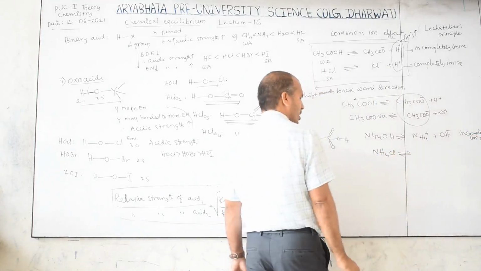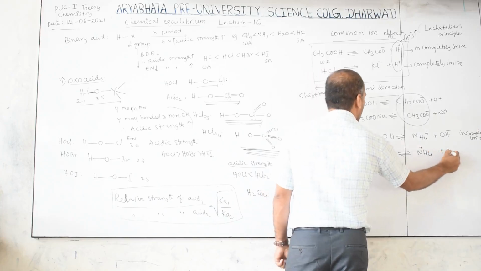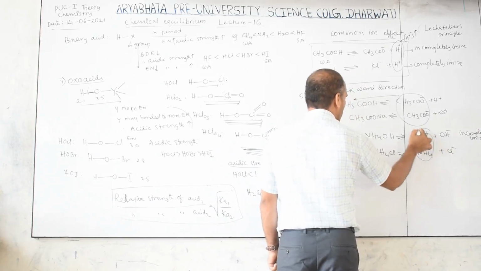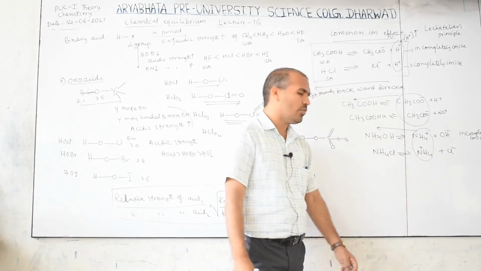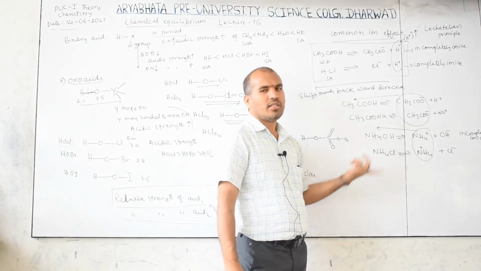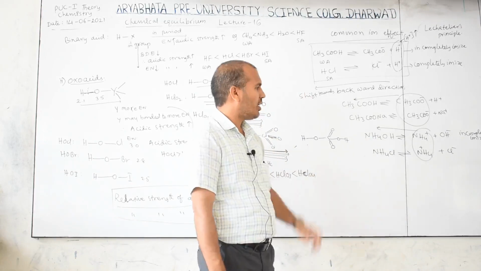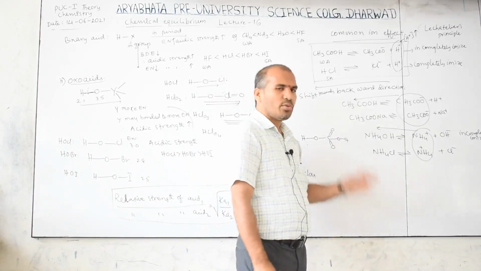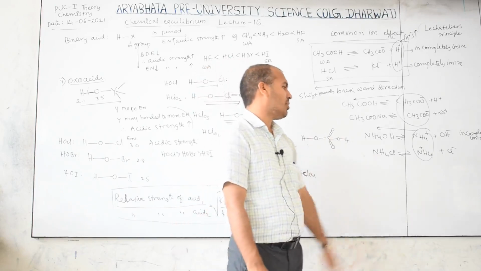Salts are generally completely ionized, and this will be NH4 plus and Cl minus. This concentration increases, therefore the reaction shifts toward the backward direction and forms NH4OH. When it forms NH4OH, it is in completely unionized form, therefore solubility decreases. So this is the common ion effect. This concept is very, very important, keep it in mind.